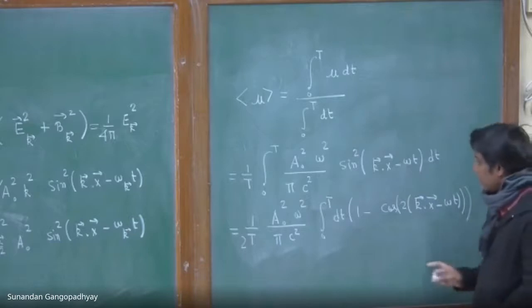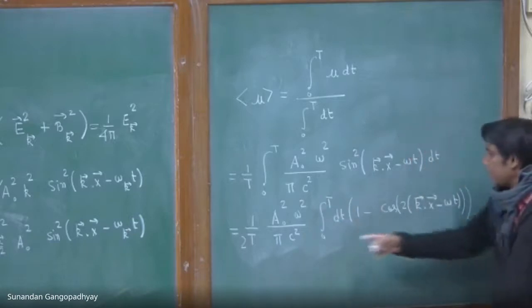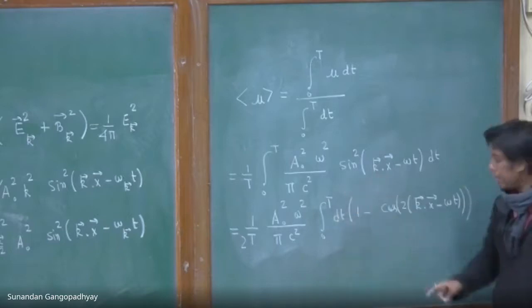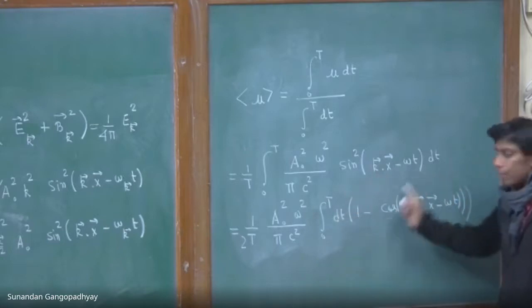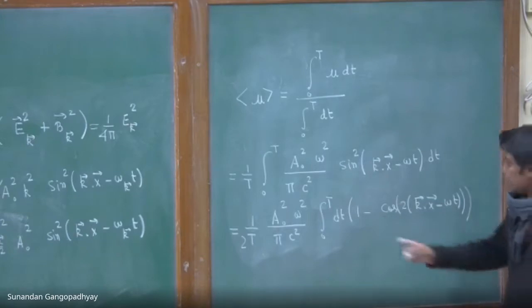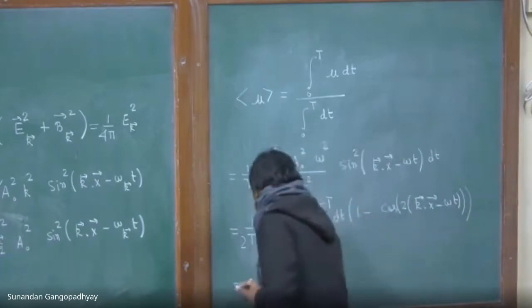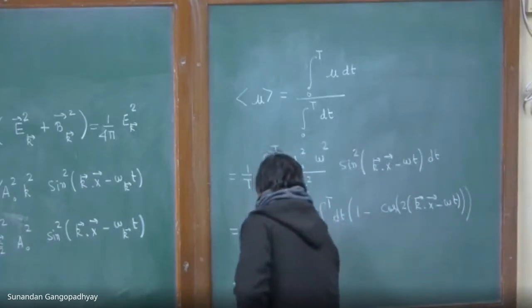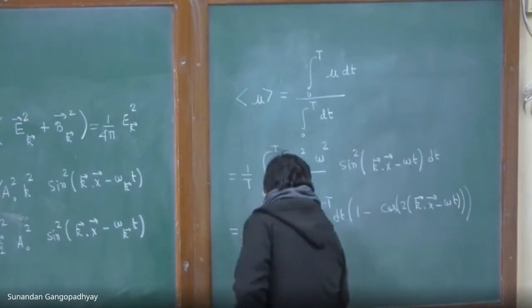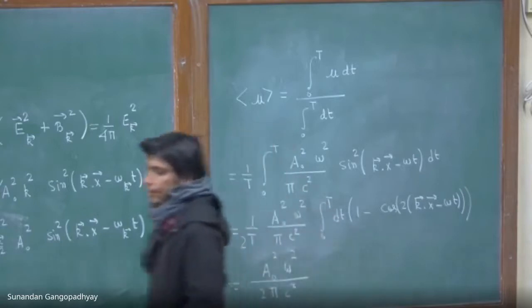And then you have to evaluate it between the limits 0 to T, and since this is a complete cycle, a full time period over which you are averaging, the contribution coming from this factor will cancel out, that will be 0. So you will get only a T from this integral, and T will cancel, and the final result of this thing will be A0 square omega square by 2 pi c square. This is the final result.